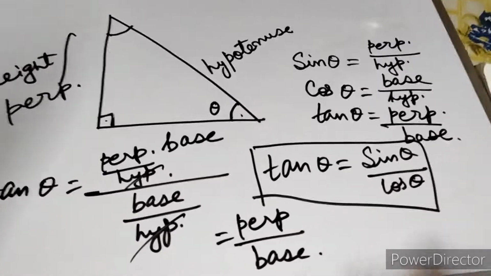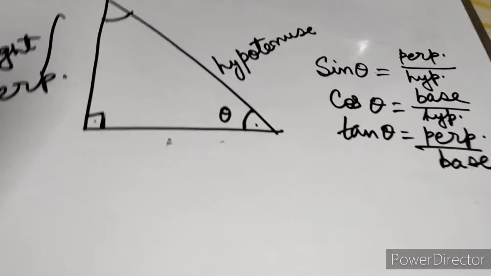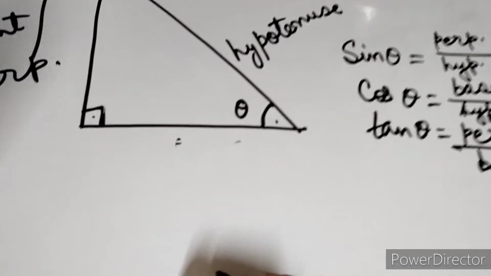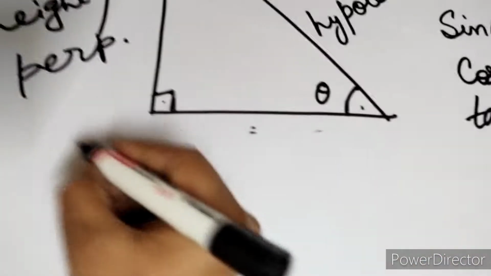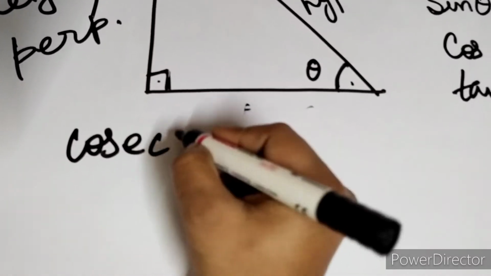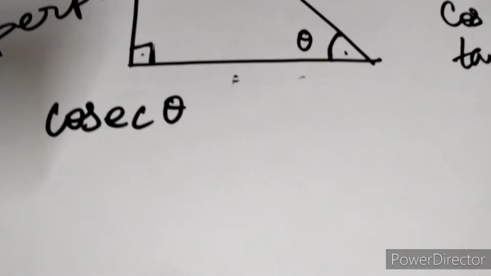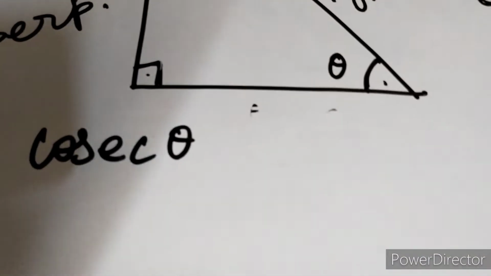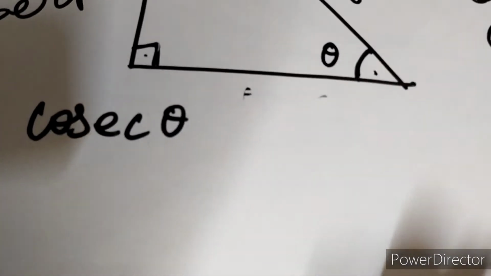Okay, now next we consider a few more ratios besides sine theta, cos theta, tan theta. Then is cosec theta or cosecant. Cosec theta, it is written in your book, you can find it out. Cosec theta is also called cosecant.